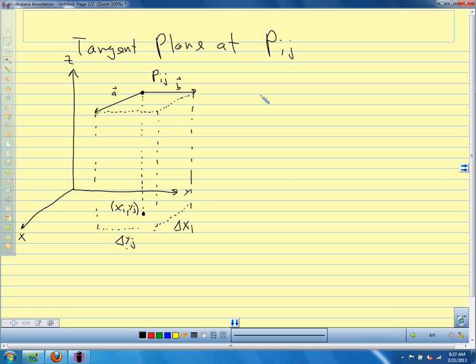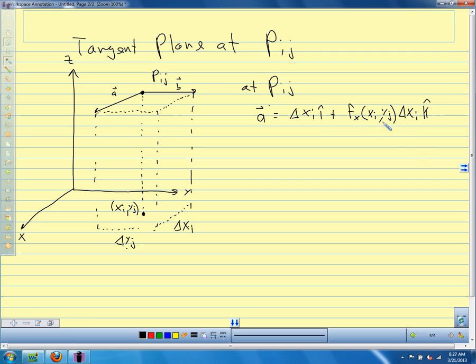So at P sub ij, our vector A, we can write vector A as delta x sub i in the i hat direction plus the partial derivative at that point times delta x sub i in the k direction.